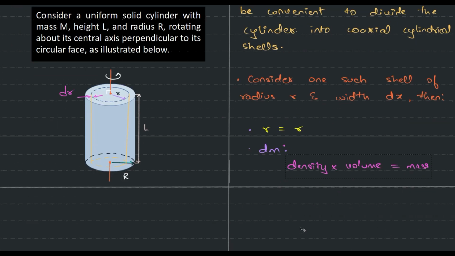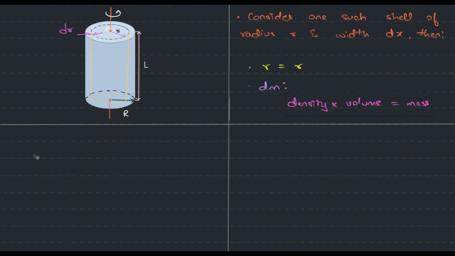For a small mass dm, the density is m by the cylinder volume, pi R square L, times the volume of this thin shell.